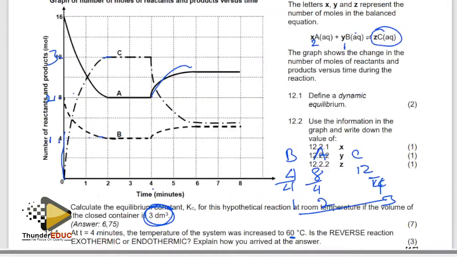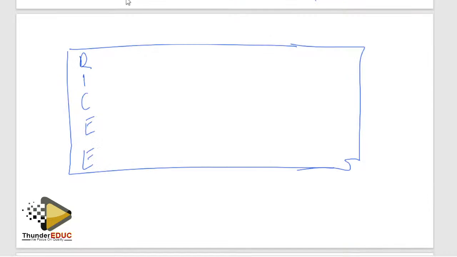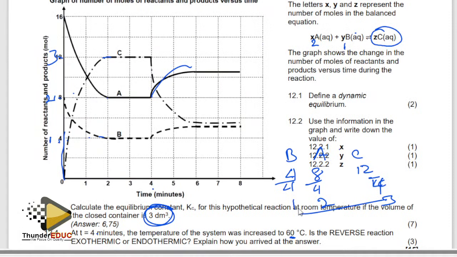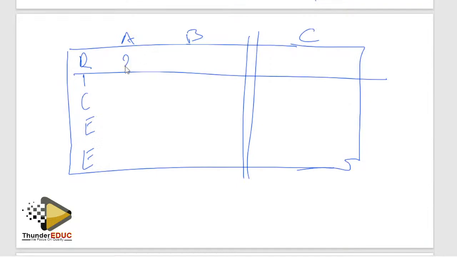Whereby elements here you look at A, B, and C. So this is basically the product. In the mole ratio, we say that A is 2, B is 1, and then C is 3.